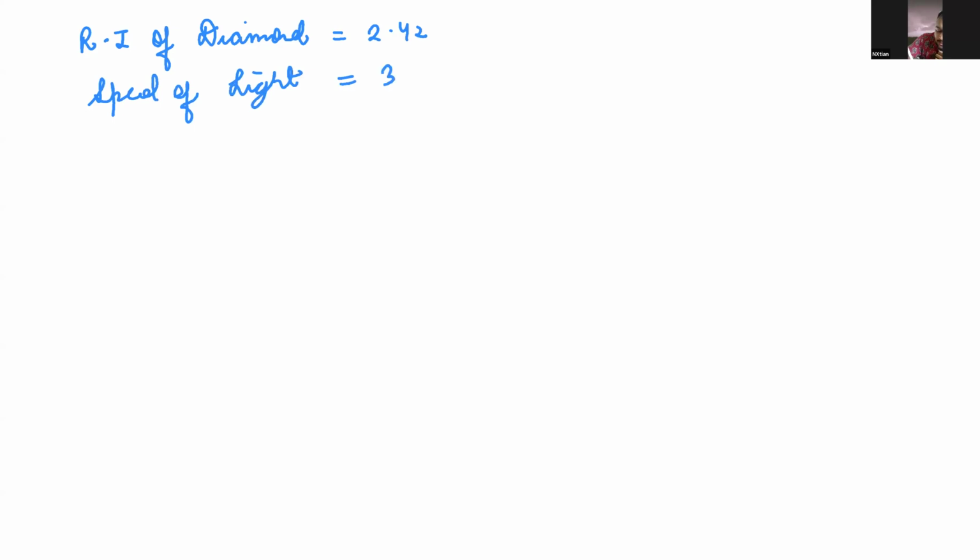Okay. So what is given? The refractive index of diamond is given, which is how much? It's 2.42. Yes or no? Now, another thing that is given is the speed of light, which is 3 into 10 to the power 8 meter per second.